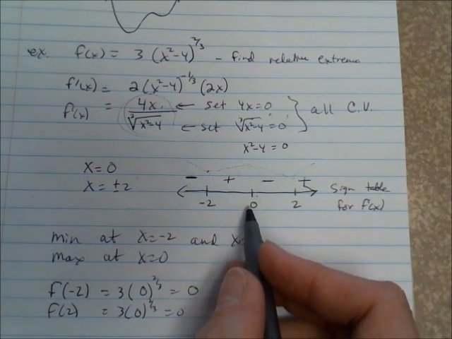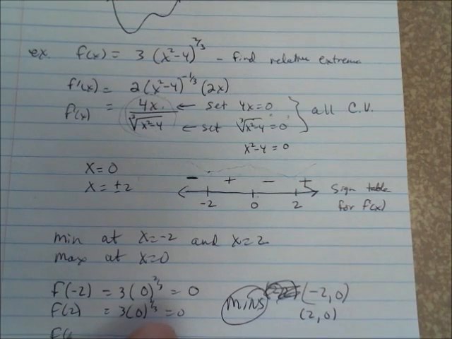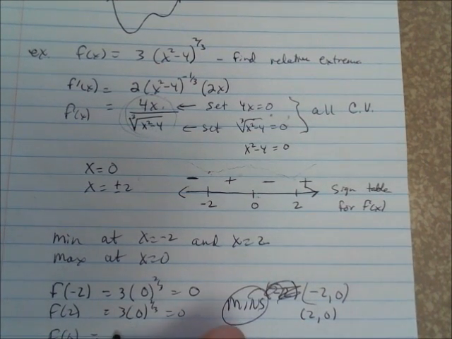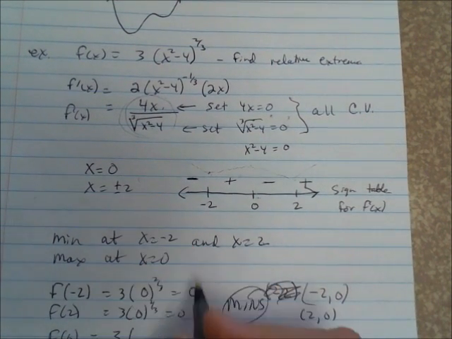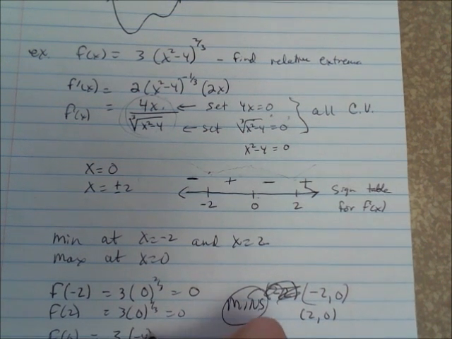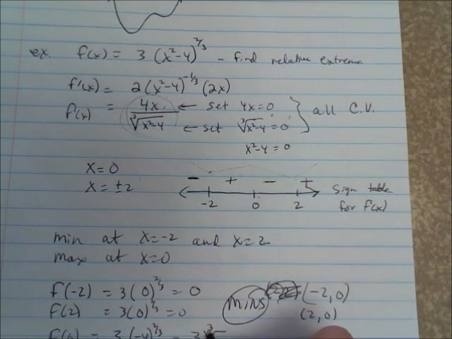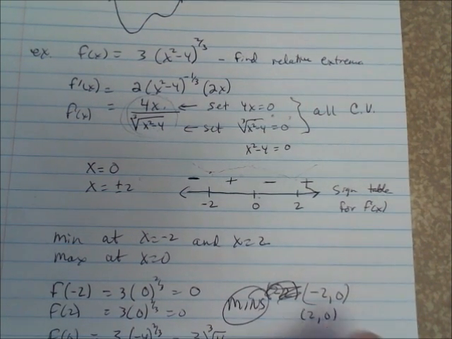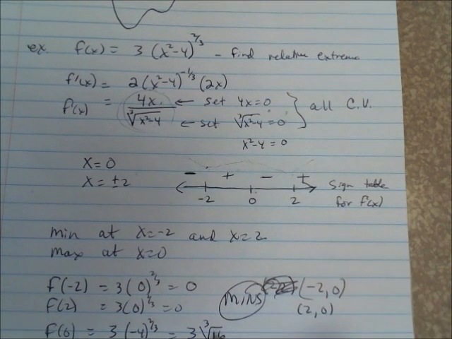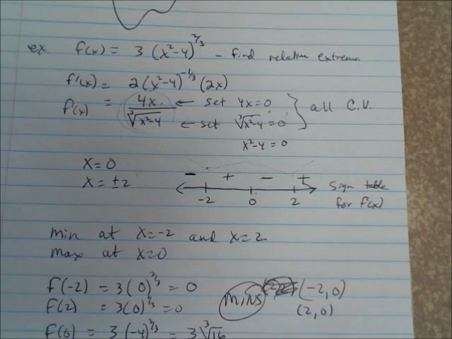Now the max is when x is equal to 0, so f of 0 is equal to 3 times 0 minus 4, which is negative 4, to the 2/3, which is equal to 3 times the cubed root of 4 squared, which is 16. 16 has got a perfect cube in it, it's 8 times 2.